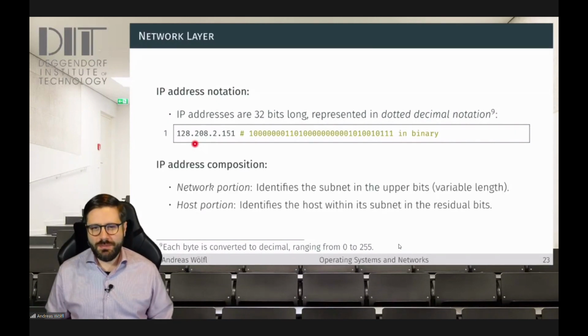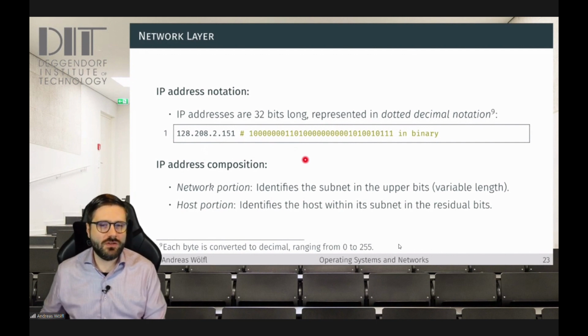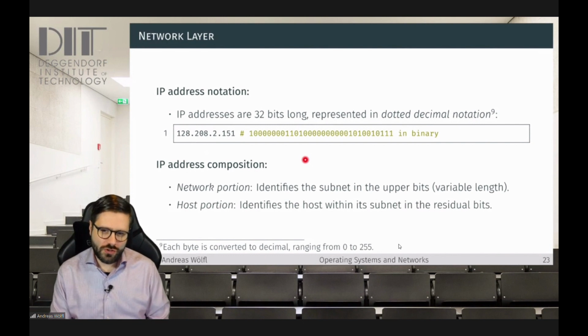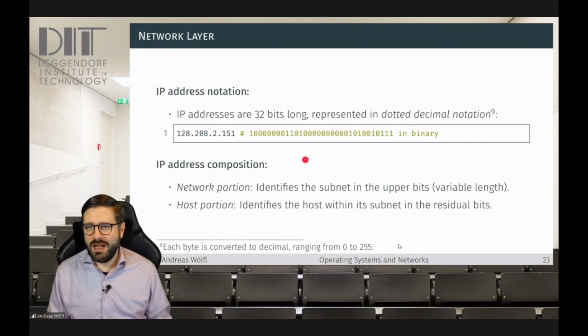An important aspect of IP addresses, and this might be new for some people, is that an IP address has two parts. It has a network portion and a host portion. The network portion identifies the network the host is in, and the host portion identifies the host within the network. The network portion is variable in size, so you can have smaller subnets and bigger subnets.